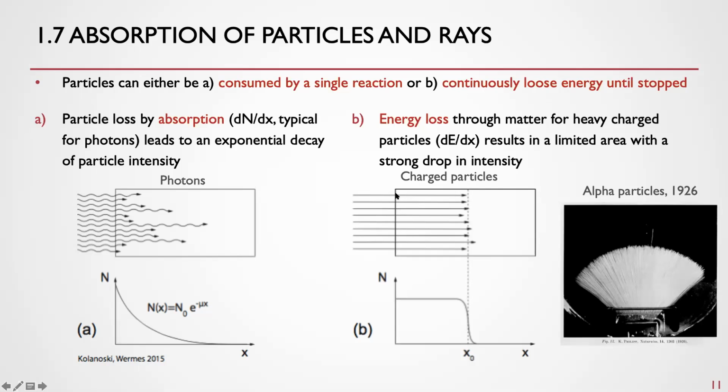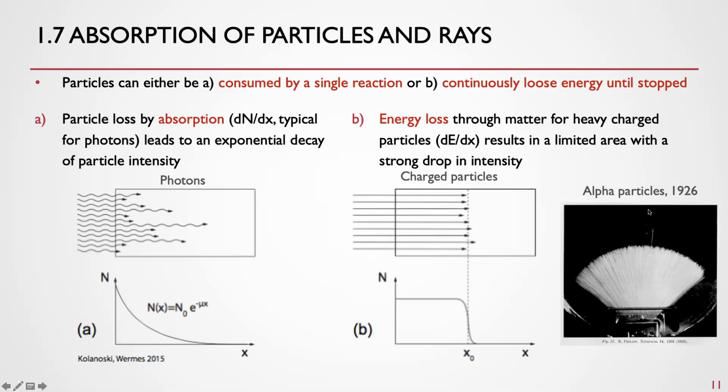That's because if you start with particles with uniform energy, it takes a calculable depth until all the energy is lost, and then all the particles thermalize in roughly the same spot and deposit the remainder of their energy there. This is exploited, for example, in cancer treatment, which we'll discuss in a little bit.